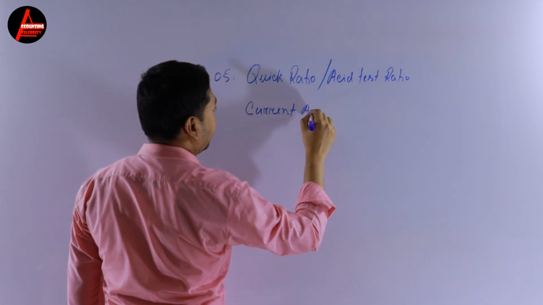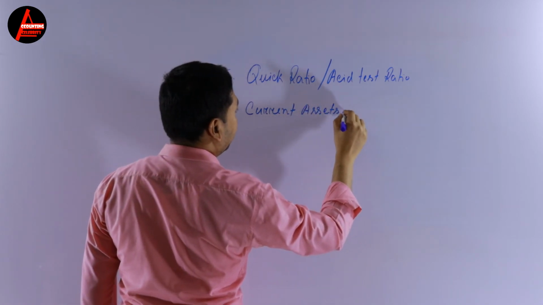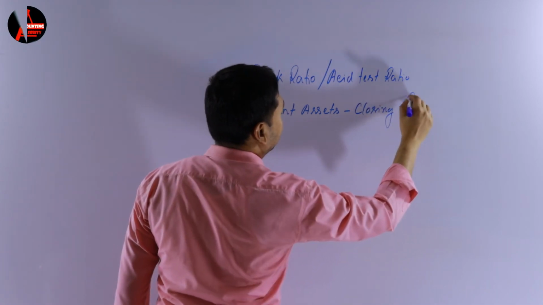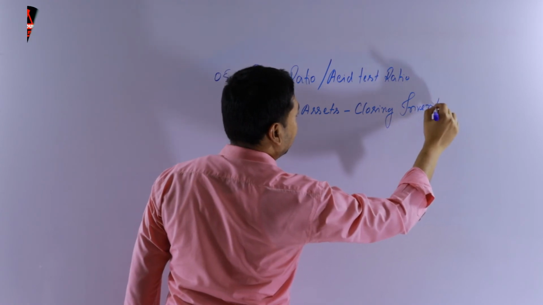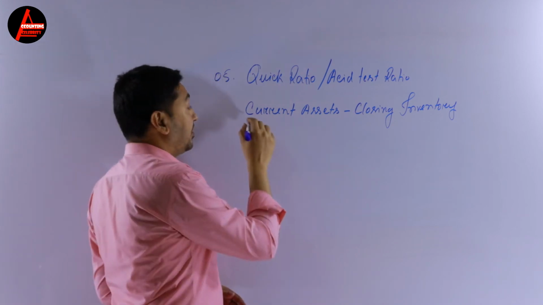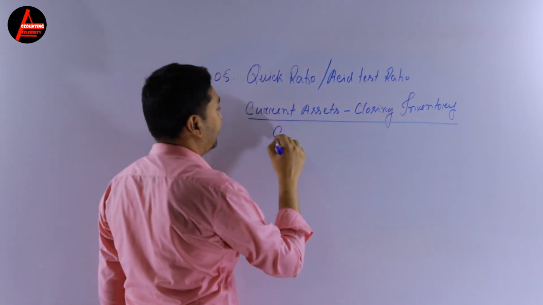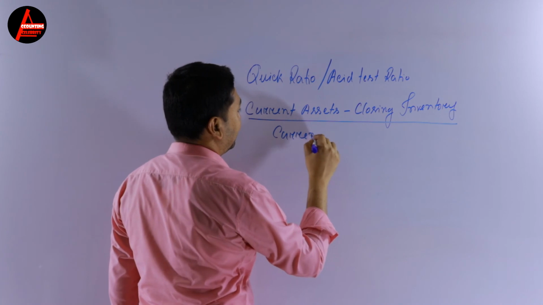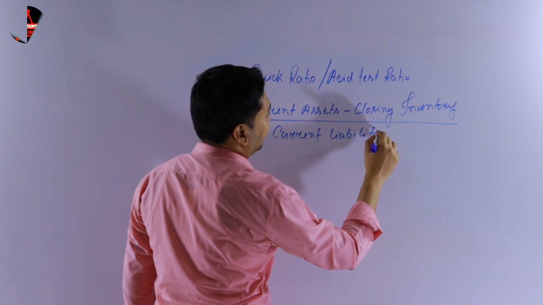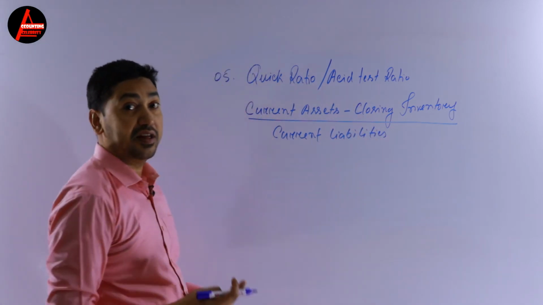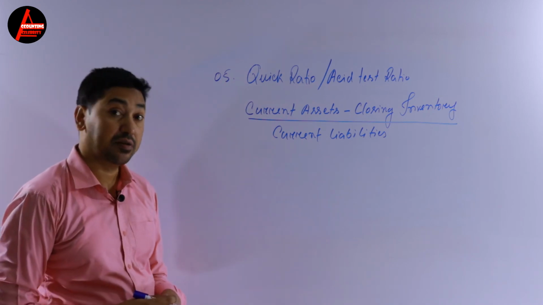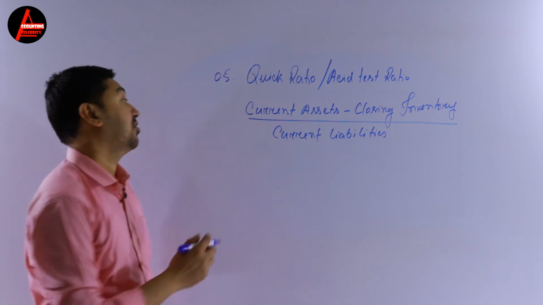Current assets minus closing inventory, then you need to divide this by your current liabilities. So first of all write your current assets, then subtract your closing inventory.